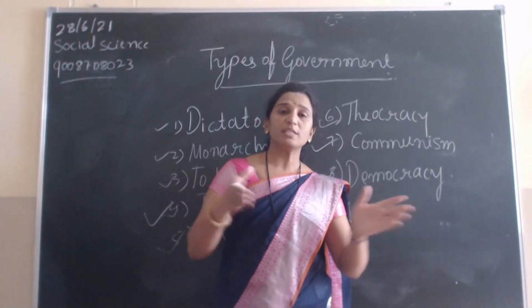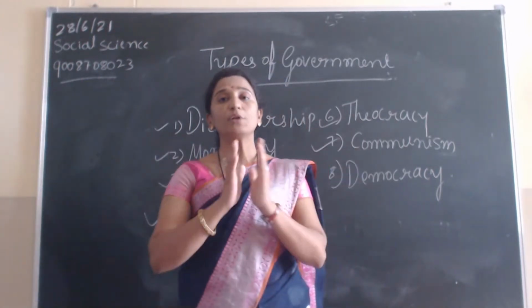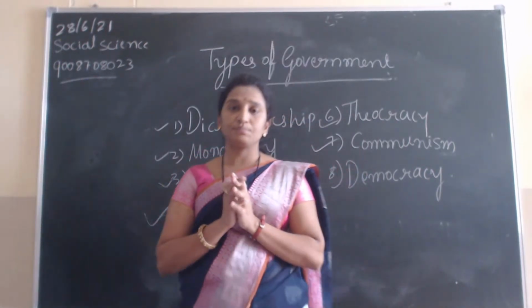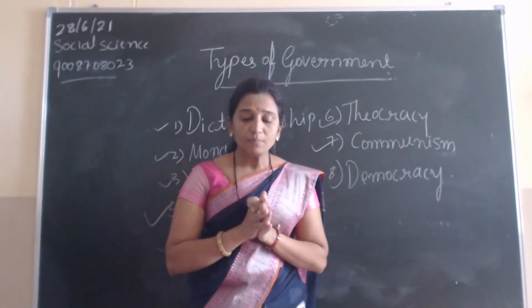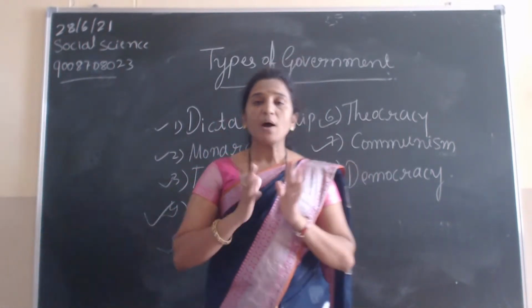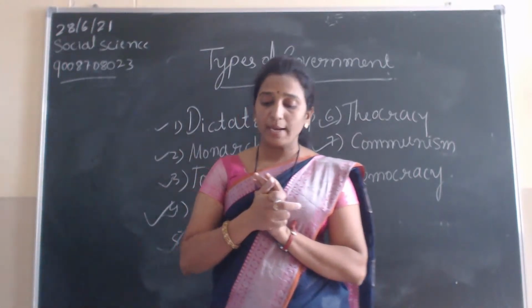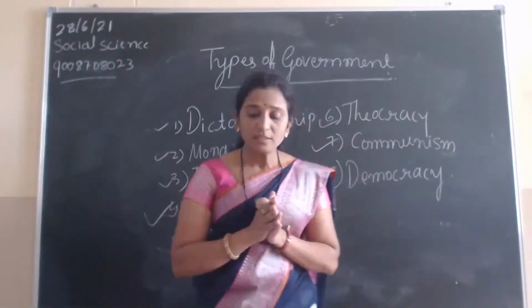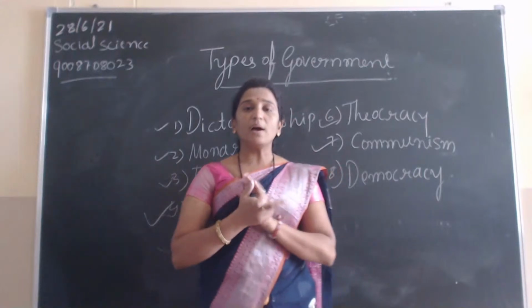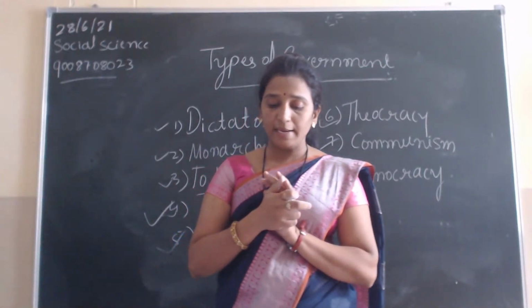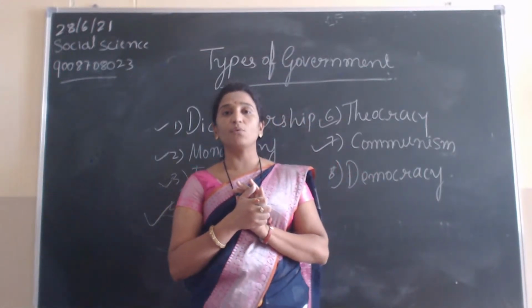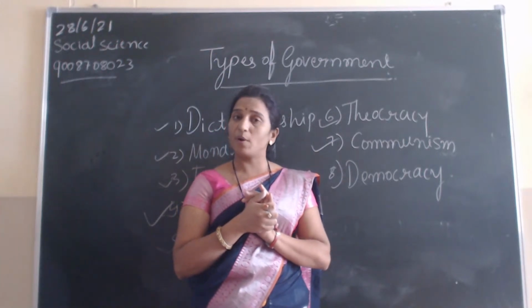For a particular chair, a particular post, we elect someone. Hence the real power is always with the people. Today India is the largest democracy in the world. We have the power to vote.